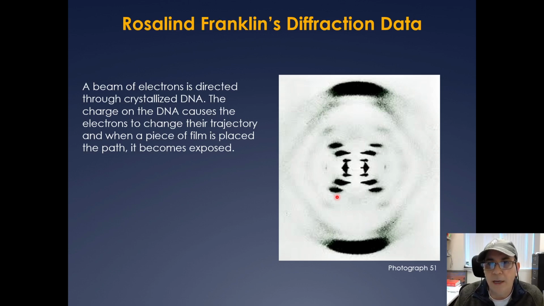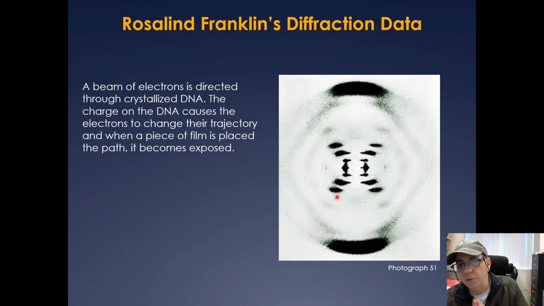And so the way X-ray diffraction works is she basically took some DNA and she crystallized it. And when you crystallize something, it becomes an ordered lattice, okay? And then she was able to put a beam of electrons through that crystal, and the charges on the DNA cause the electrons to diffract.